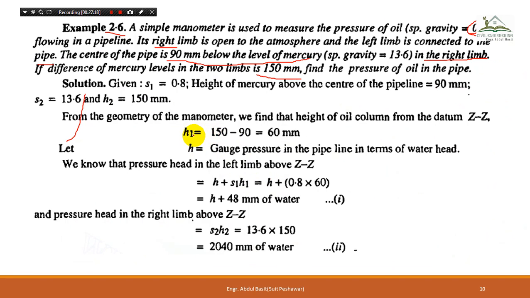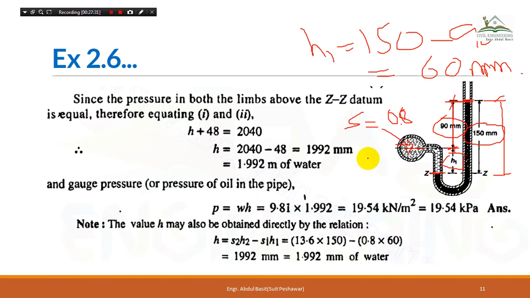So here it is, in the left limb we are having this H1, which needs to be determined. Already I have done it in the previous slide. This is the situation in the left limb, as this is a positive pressure. You can see from here that the level of the mercury in the left limb is decreased, and the level of the mercury in the right limb is a bit higher with respect to the left limb.